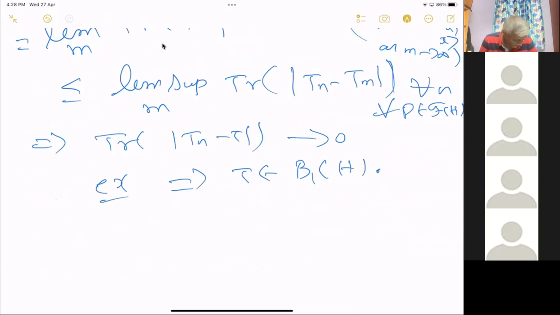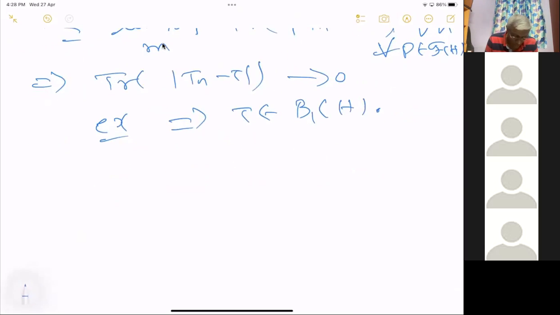So any questions? I have to prove one more thing: the dual of trace class operators B1(H). We have proved that the Hilbert-Schmidt operators form a Hilbert space, so its dual is its own. So I have to prove two things. The dual of K(H), the compact operators, is B1(H).